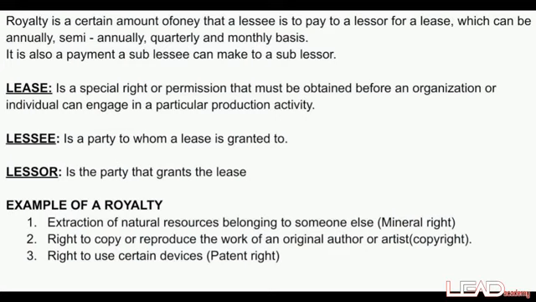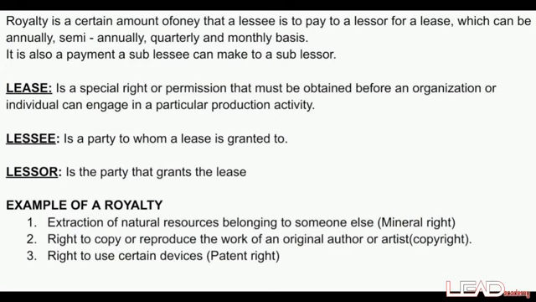That is the person that owns that particular activity. So a lessor is the person that grants or gives permission to the lessee for that production activity.